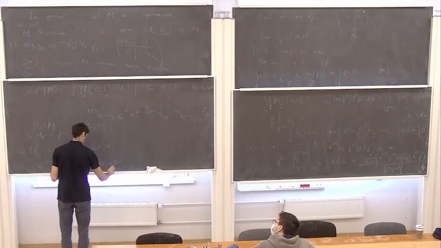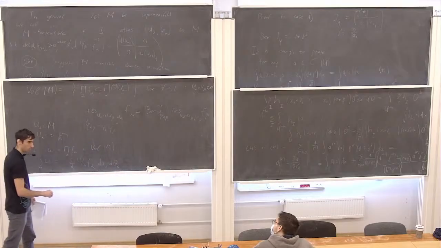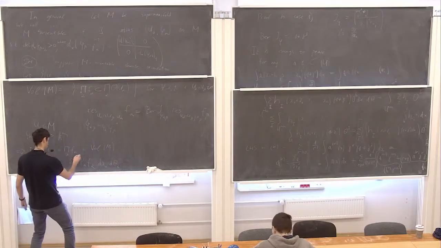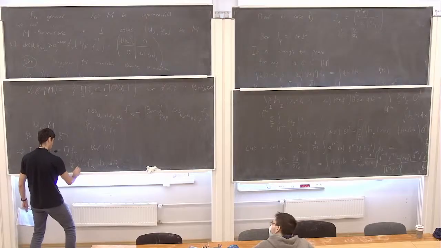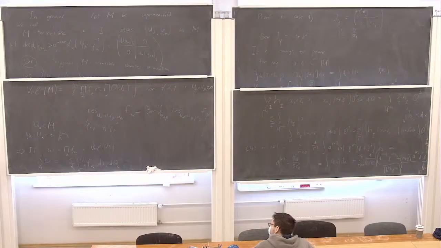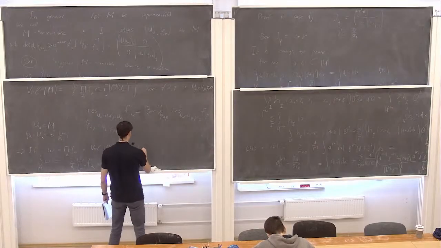These are coordinates on my chart, and so I also need to put the integral over U alpha in K^{m|n} here. Psi alpha is of course a partition of unity.